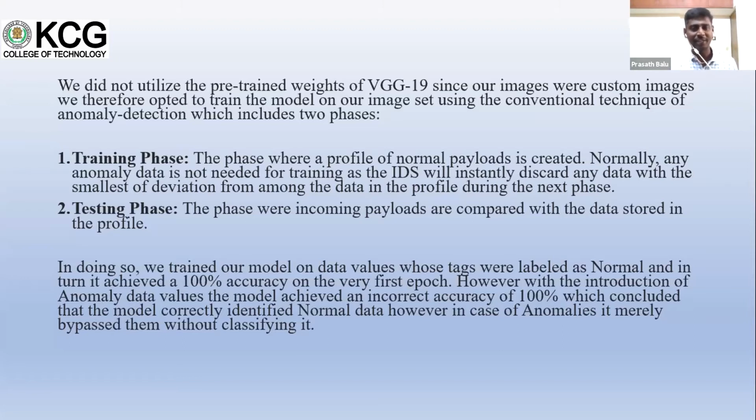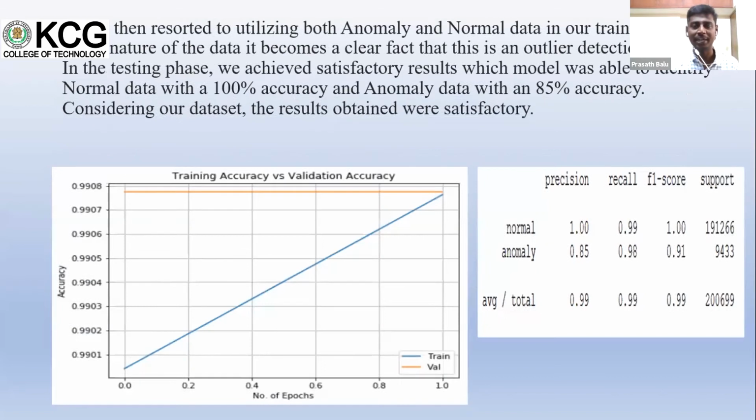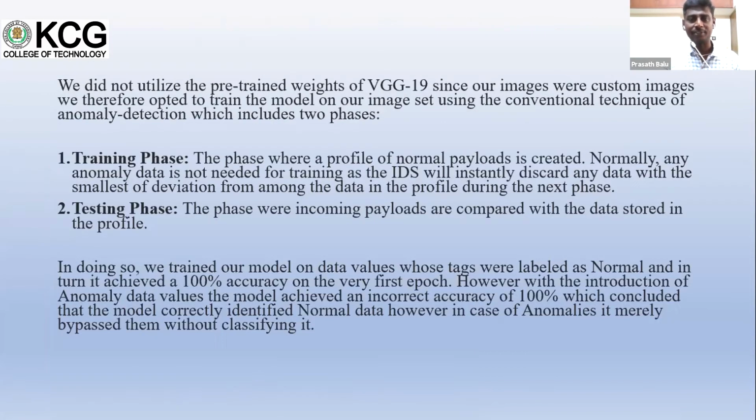In this case, we are only learning the normal payloads. It learns with 100% accuracy, and in the next slide I can show that it identifies the anomaly data with 80% accuracy. Now you got it.